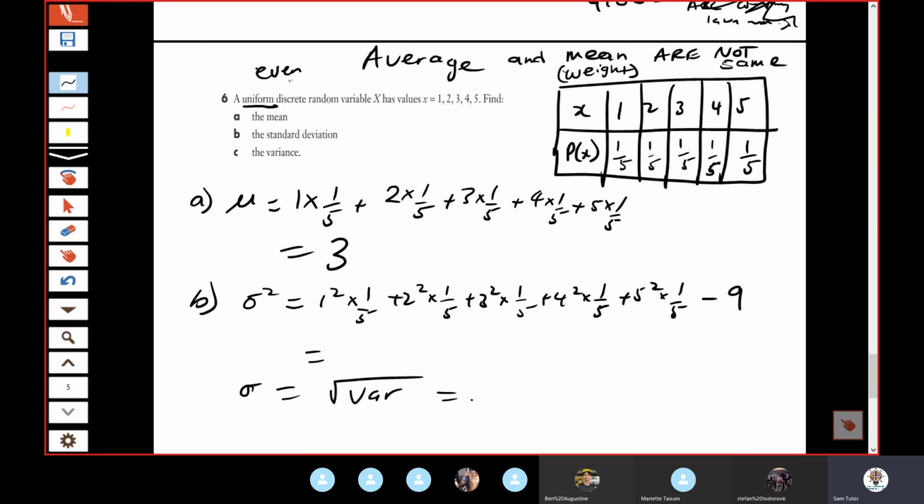So let's get an answer out. And I think you guys are pretty good. 1 over 5 plus 4 over 5 plus 9 over 5 plus 16 over 5 plus 25 over 5, which is 11. Take away 9. Variance is 2. Standard deviation is root 2.